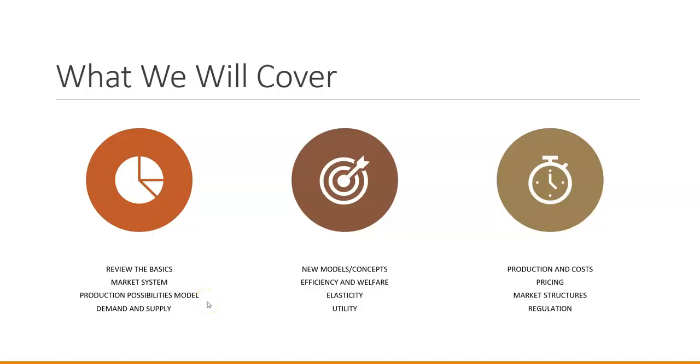Okay, so what are we going to cover? First, we are going to review the basics. So what are the basics? Understanding what our market system is, understanding the production possibilities model and how we use this to demonstrate trade-offs, opportunity cost, marginal benefit. And then we are going to do an in-depth review of the demand and the supply curve.